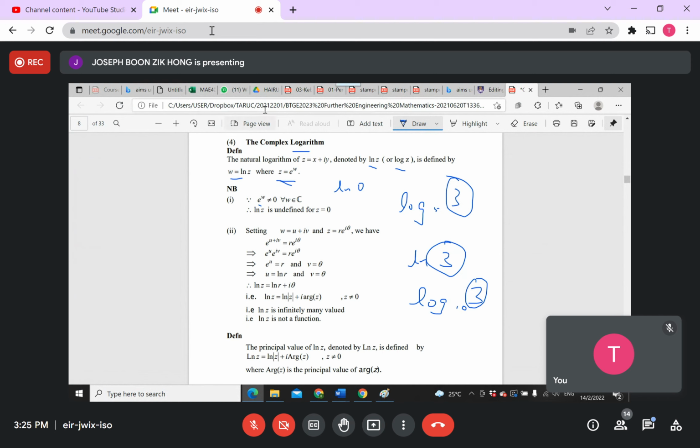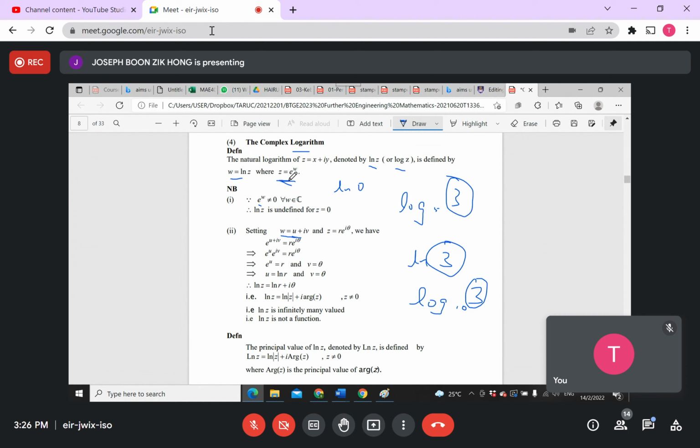Next, let's say we set w equal to u plus iv, and let z be re^(iθ), which is the modulus form. Because w is log z, we can set z is e^w.